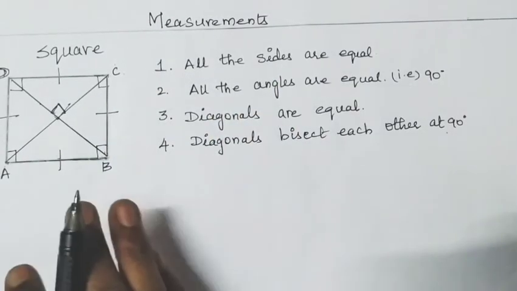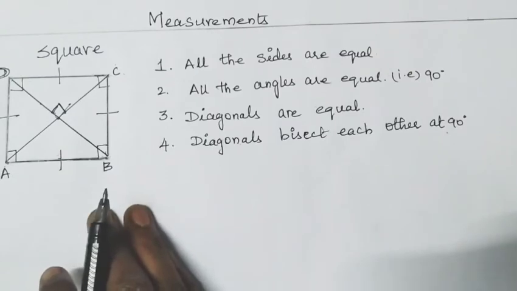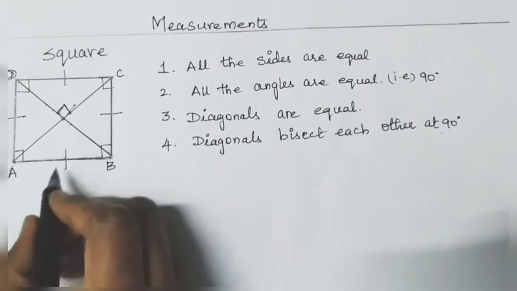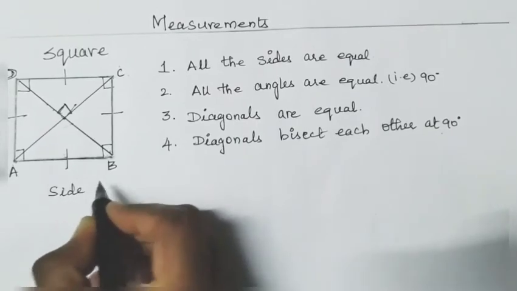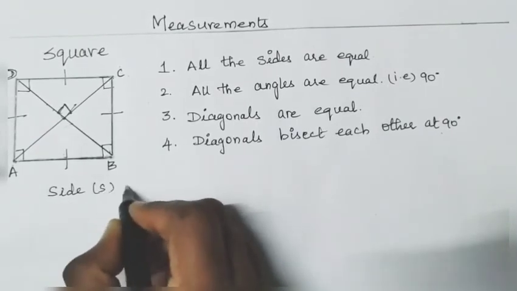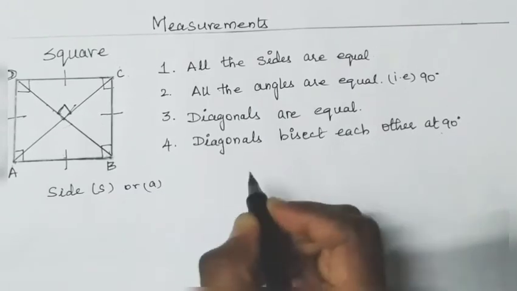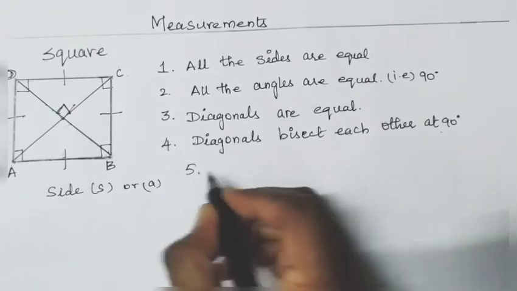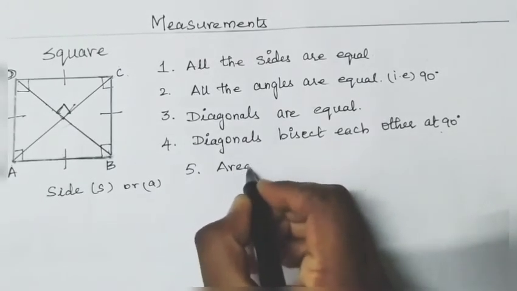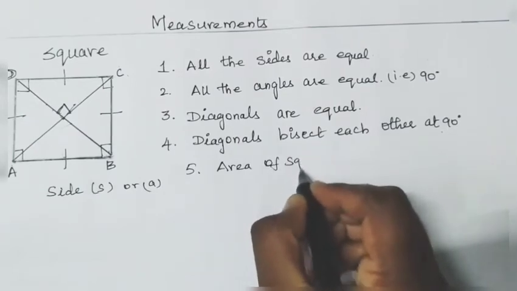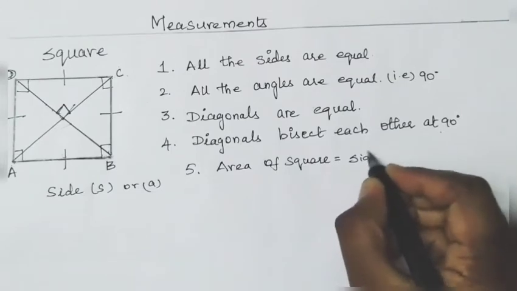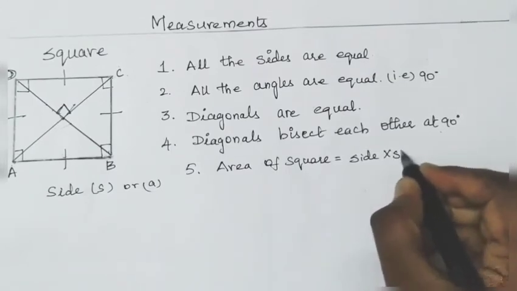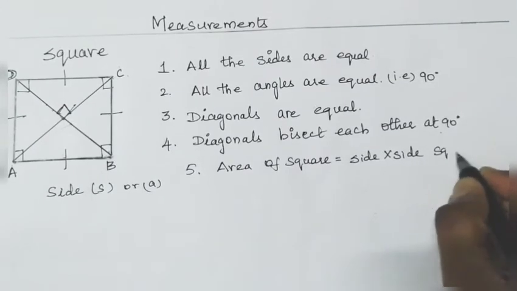So these are the properties of square, and the side is denoted by S or A. So the formula to calculate the area of a square is side into side square units.